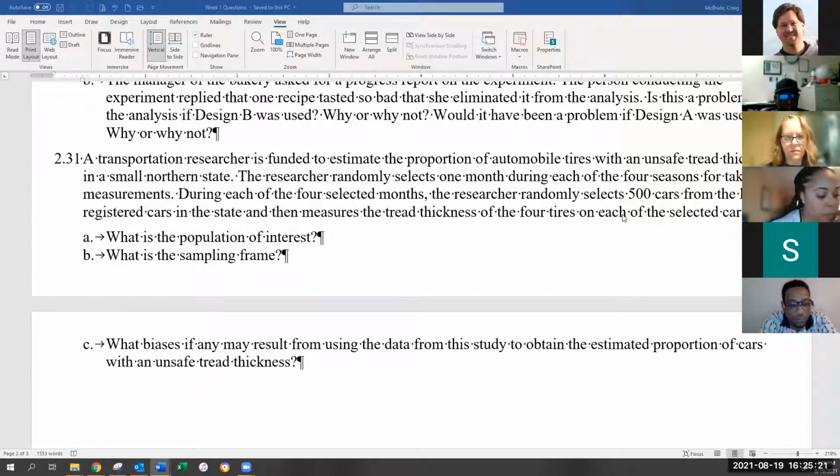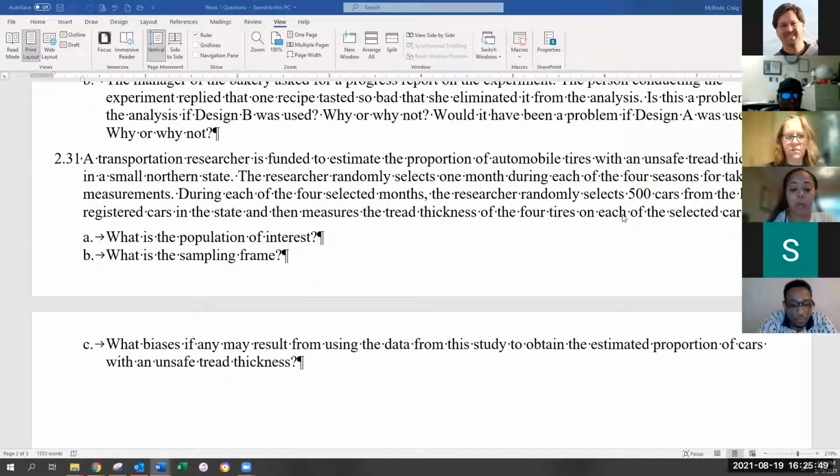So basically 4 times a year, they randomly selected 500 cars for a total of 2,000 cars. So their sampling frame is those 2,000 cars that they randomly selected over those 4 different months. That's their sampling frame. Just the cars, the 2,000 cars.